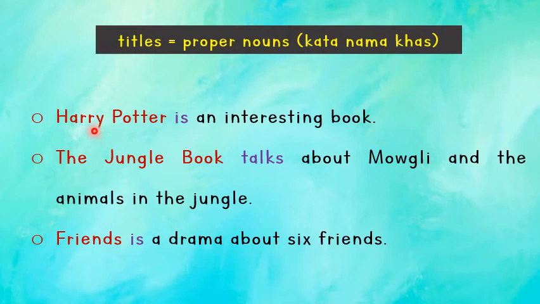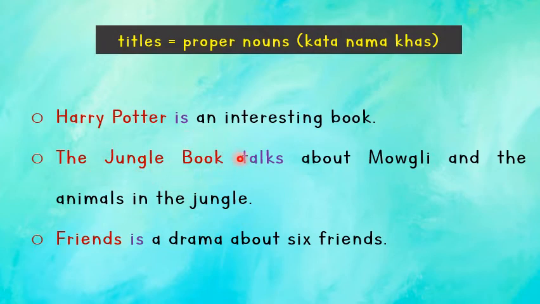Okay, ataupun Harry Potter and sambungan tajuk dia. Walaupun ada N, tapi sebab itu tajuk, so kita masih guna singular verb. Okay, the Jungle Book talks about Mowgli and the animals in the jungle. So, the Jungle Book.